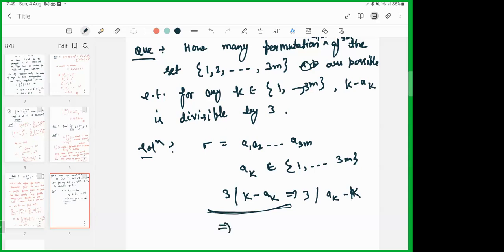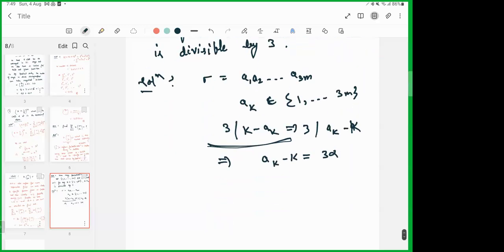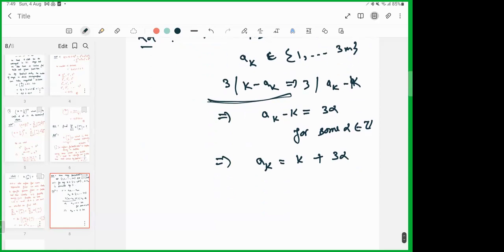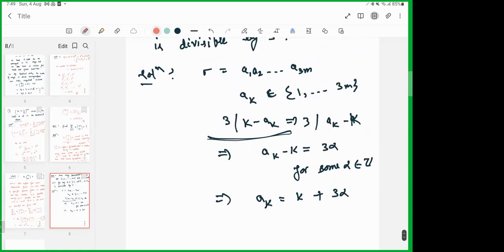So that means ak minus k has remainder 0, that is 3 alpha for some alpha belonging to Z. This implies ak is k plus 3 alpha, for alpha an integer. Now your ak should be from this set.